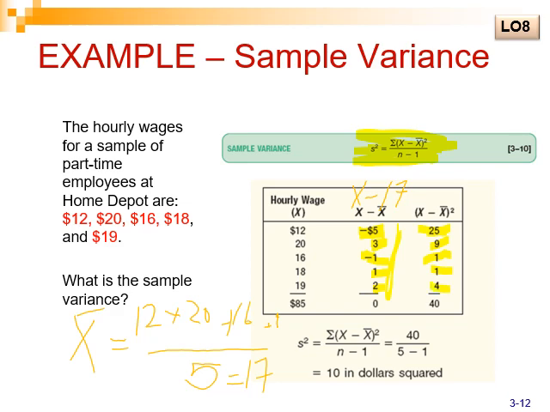Then we add up all the values in the third column, and we get the sum of x minus x bar, all squared, equal to 40. Dividing 40 over the total values in the sample minus 1, which is 5 minus 1, equal to 10. This is the value for the sample variance.